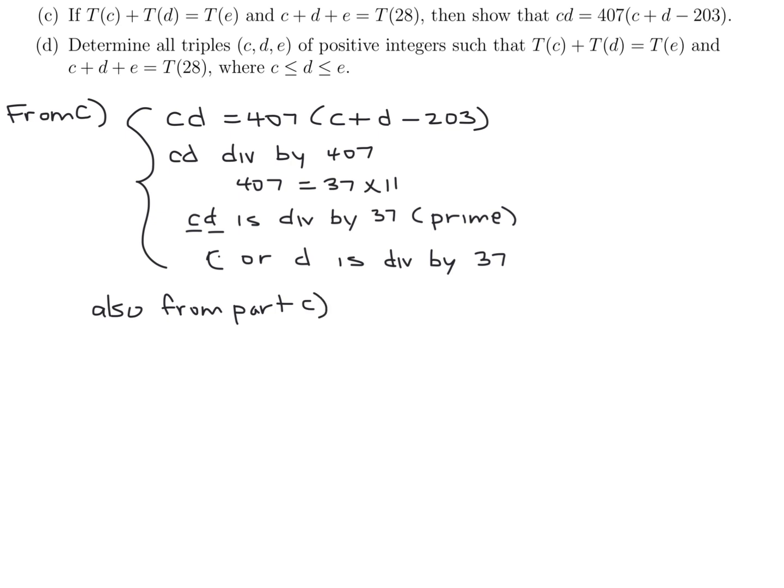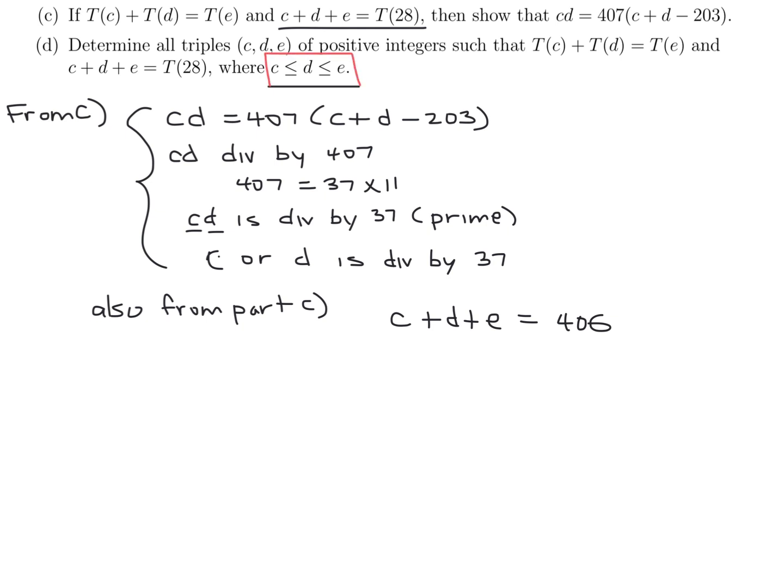Okay, also from part C, we know that C plus D plus E is equal to 406. Remember, we figured that out basically with this, that we figured out 28 times 29 divided by 2. All right. And then we also know, what do we also know? Oh, yeah, this inequality is very helpful. This is going to help us out a lot in this question.